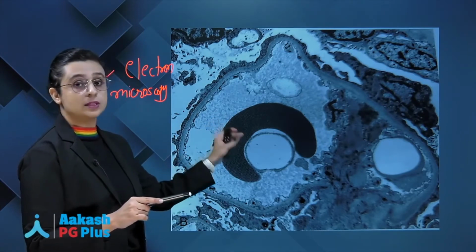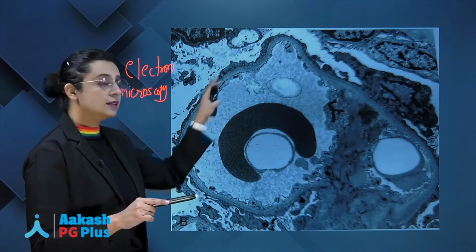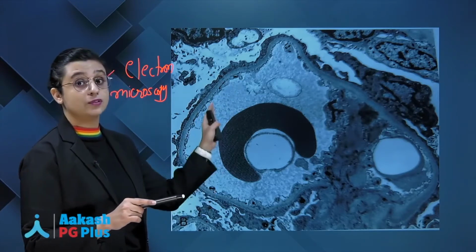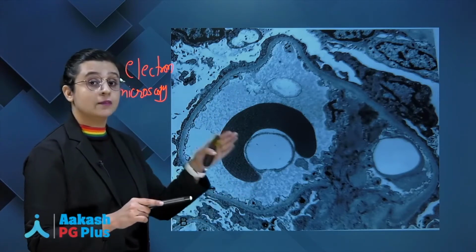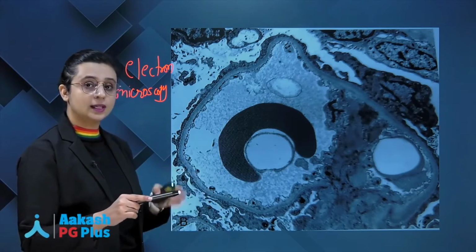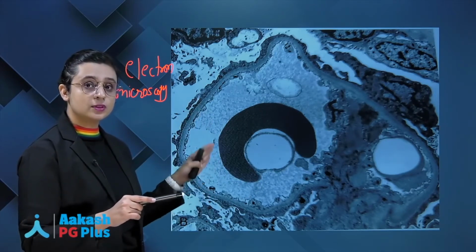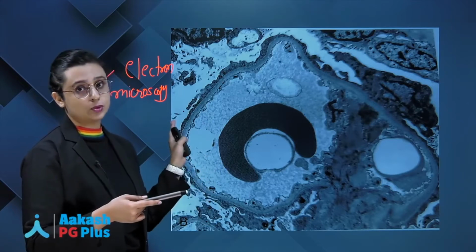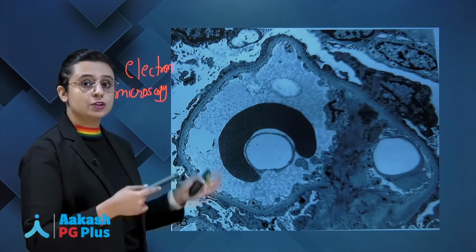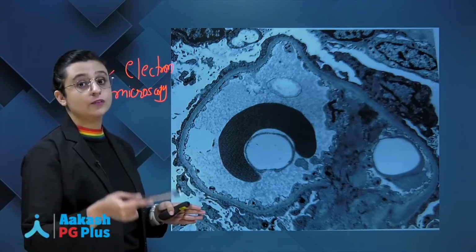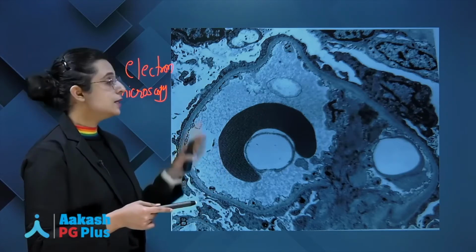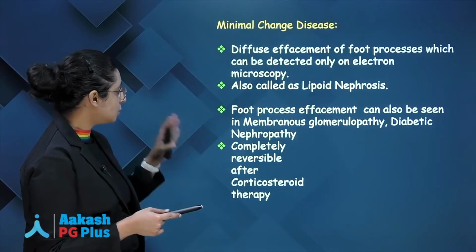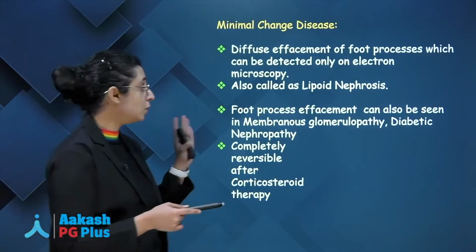Electron microscopy is the only way in which you can see the effacement of foot processes, which is a feature of minimal change disease. Whereas in membranous nephropathy, yes, there is effacement of foot process, but along with that there are number of other features on light microscopy and immunofluorescence which will help you to get to the diagnosis of membranous nephropathy. Clear?